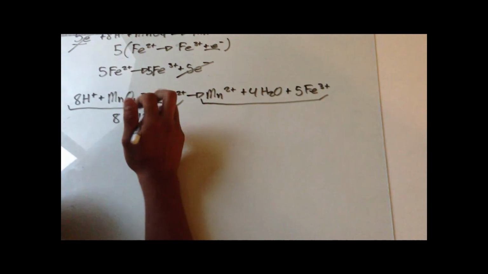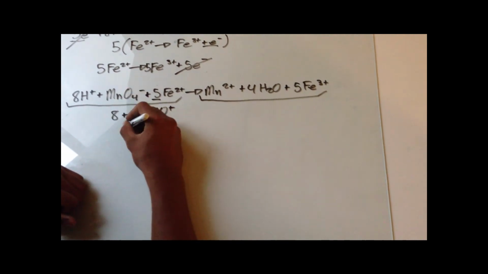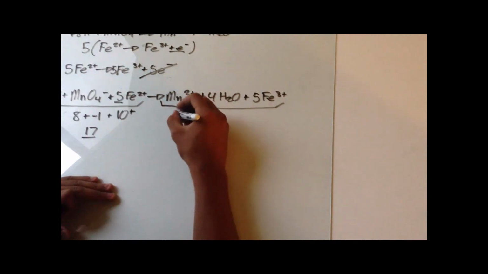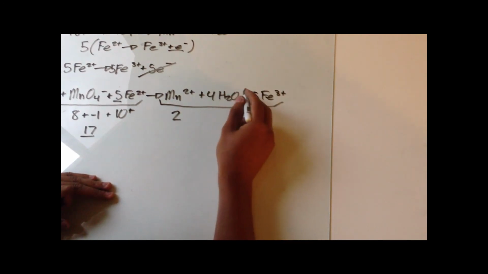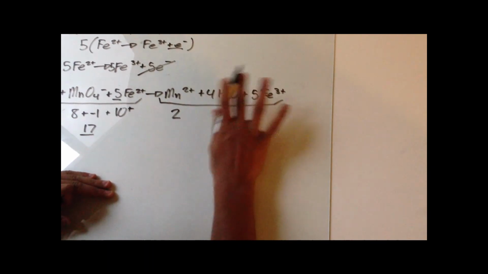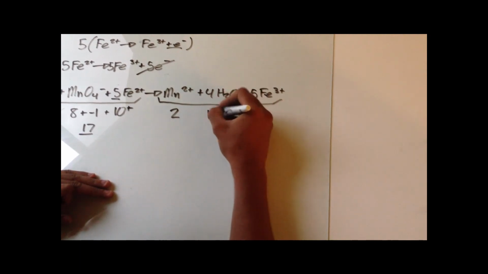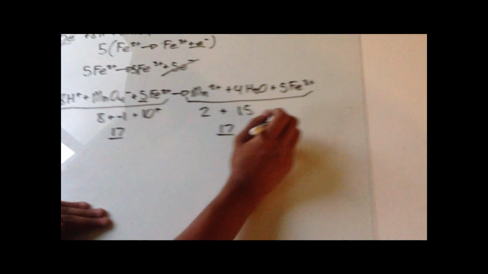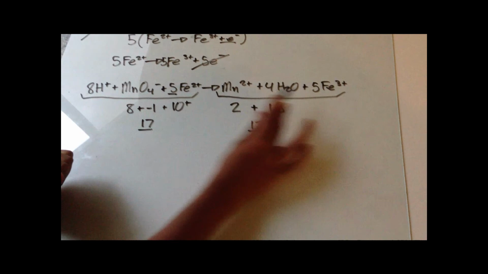So overall, 8 minus 1, 7. 7 plus 10, you'd get 17. This side, you have 2. And you have no charge on the H2O, so you don't have anything there. 5 times 3, 15. Add those together, you get 17. So your redox should look like this.